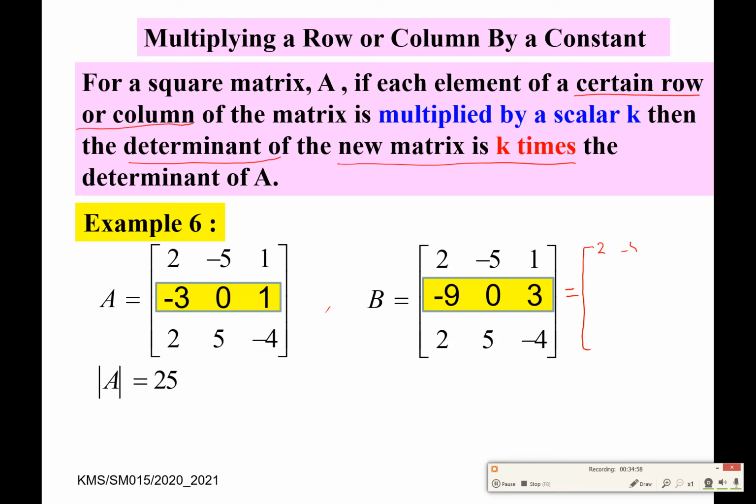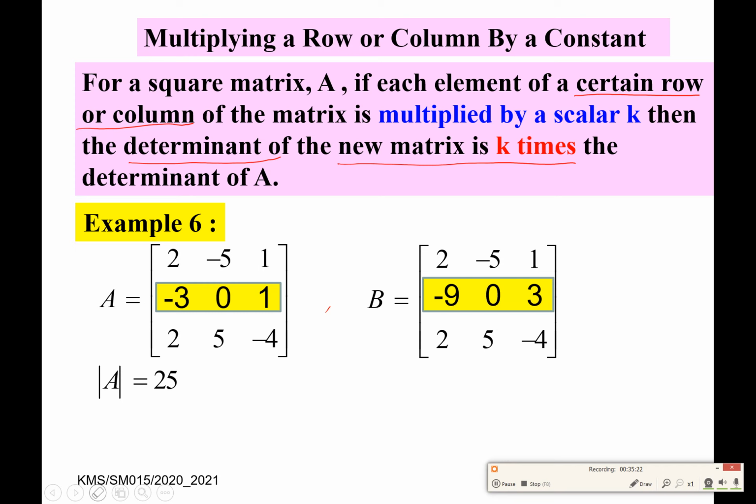2, negative 5, 1. Negative 3 is actually 3 times negative 3, 3 times 0, and there is not enough space. We try a different part. My handwriting is quite big.